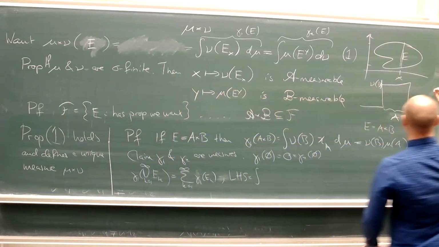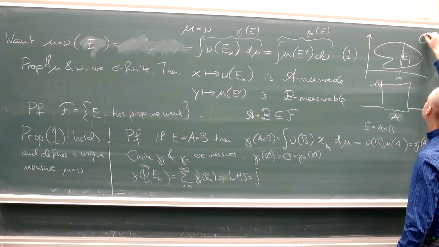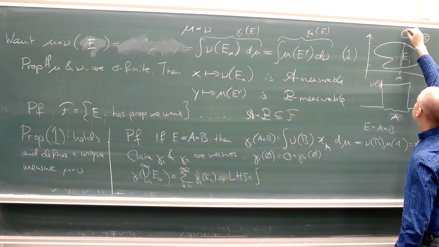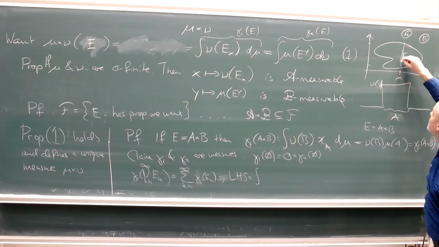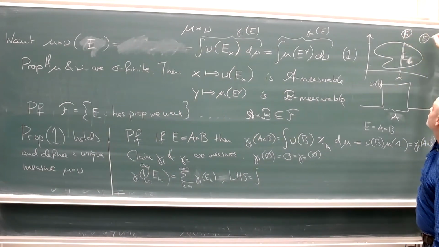So if I have many sets, so this is E1, here's E2, and so on, E3, and they are not overlapping, and I take the slice E1 at x, then I'm getting this, and then a bit of that, nothing of the other.